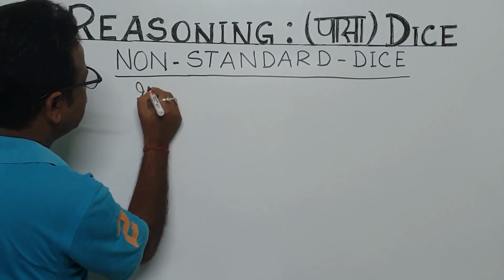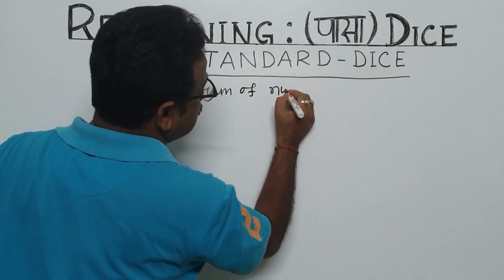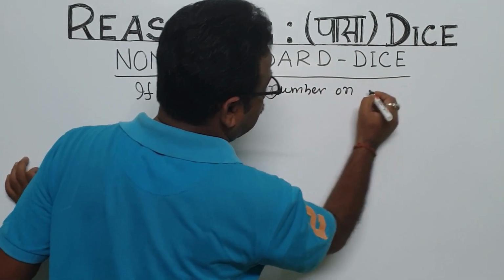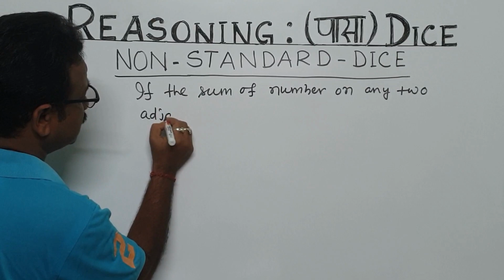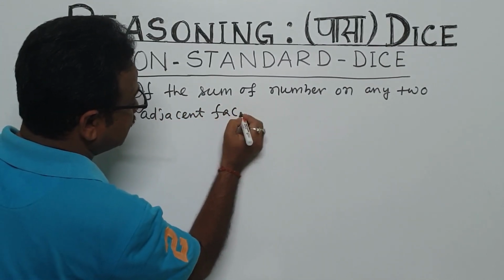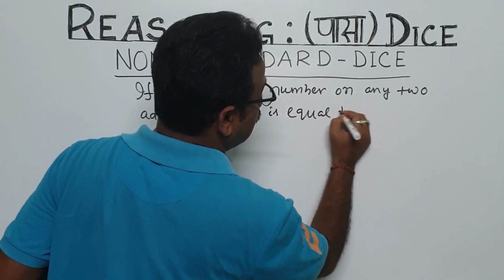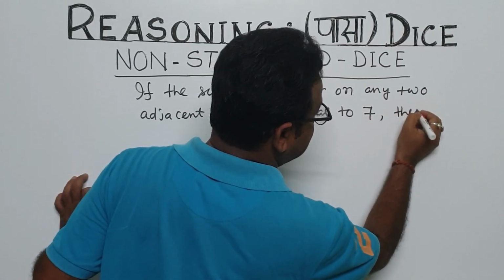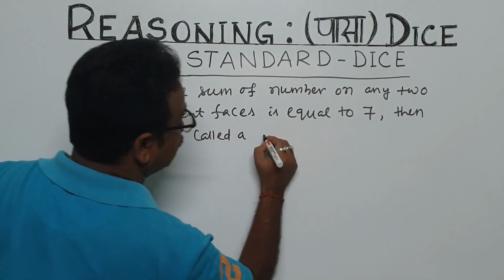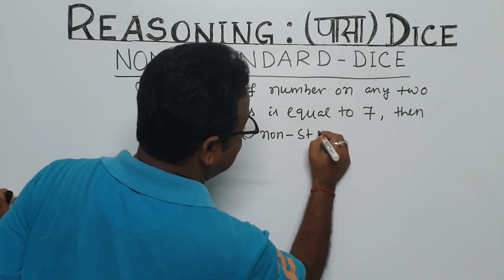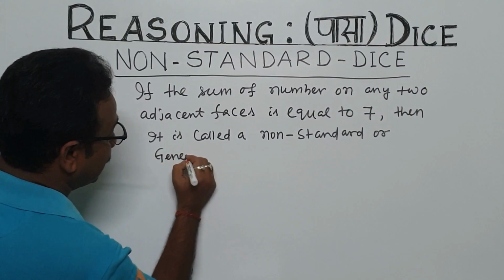If the sum of numbers on any two adjacent faces is equal to 7, then it is called a non-standard or general dice.